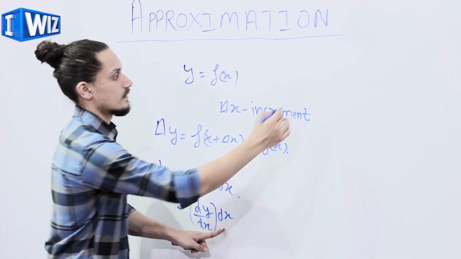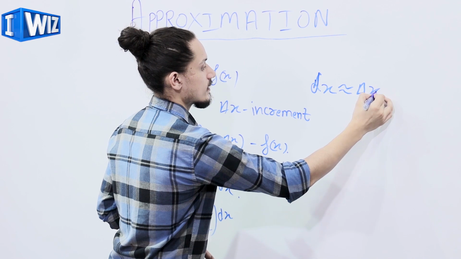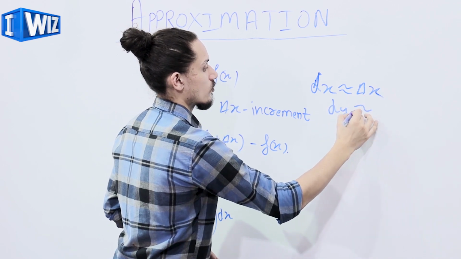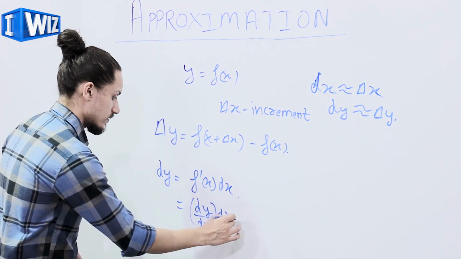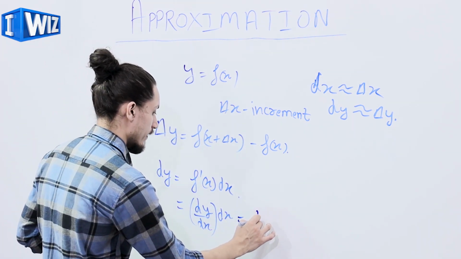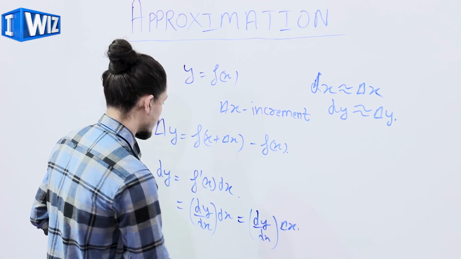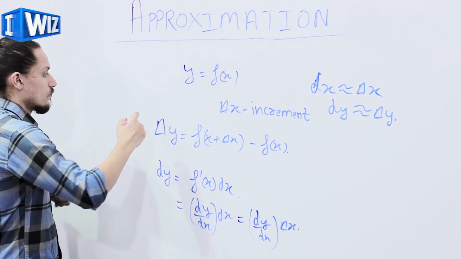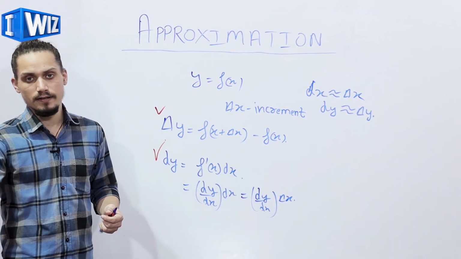Now dx is approximately equal to delta x and dy is approximately equal to delta y. So replacing dx by delta x, we get dy is equal to dy by dx into delta x. We'll be using these two formulas to find approximate values of given problems.